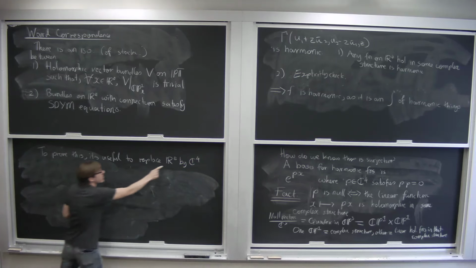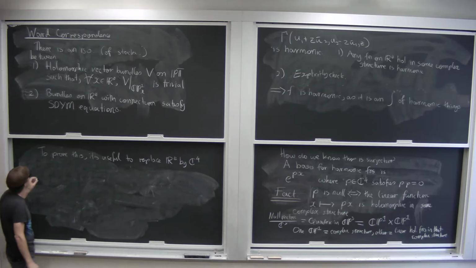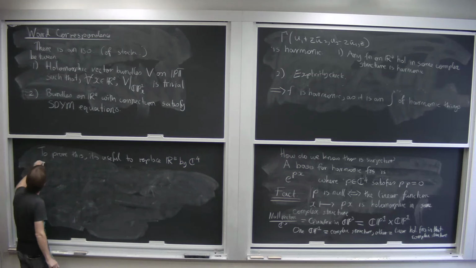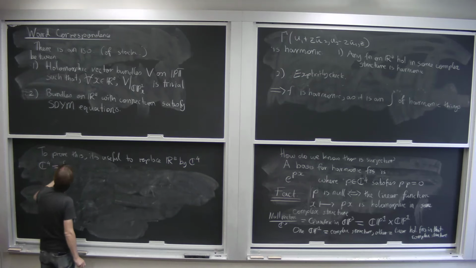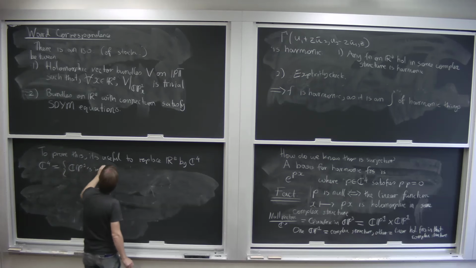Once I complexify R4 to C4, I have to explain how this is related to twistor space. Well, it turns out that C4 is equal to the set of lines in twistor space which are linearly embedded.